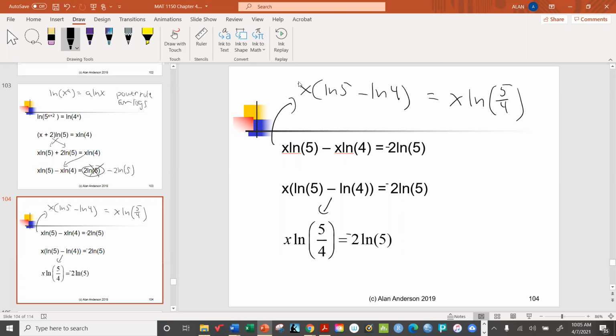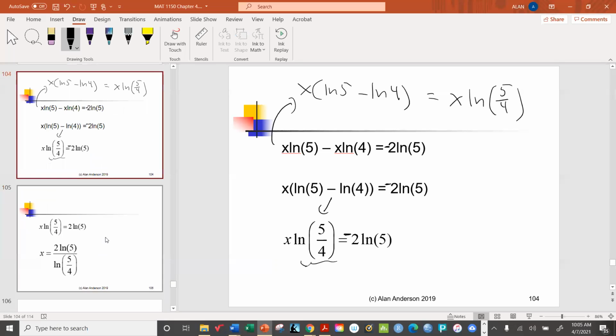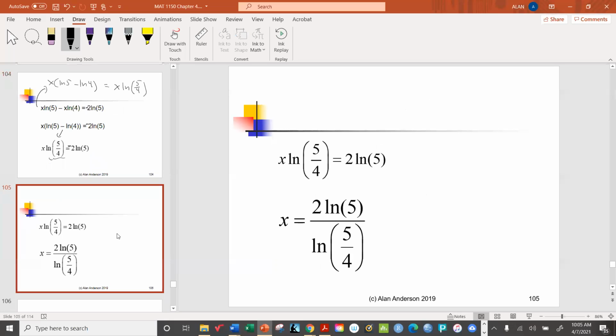On this side, we have what's supposed to be a negative 2 log 5. And then we can just simply divide both sides by this term because it's a constant. And I'm going to wind up with this result. Now, of course, this is supposed to be negative.